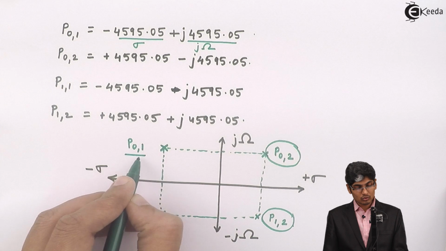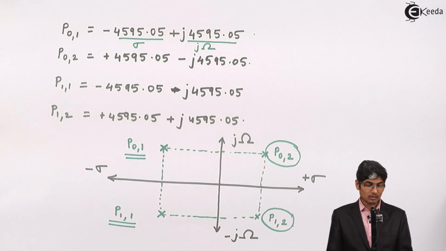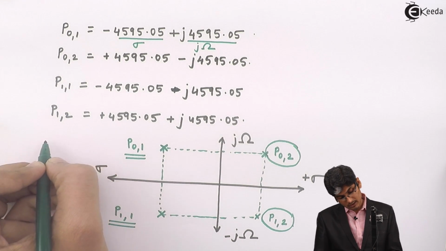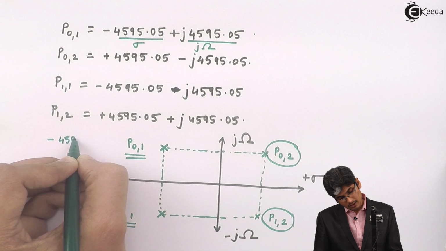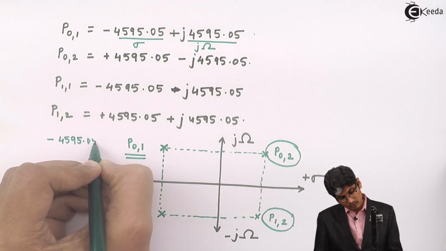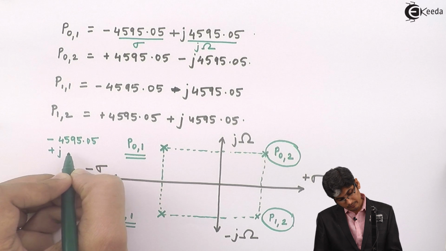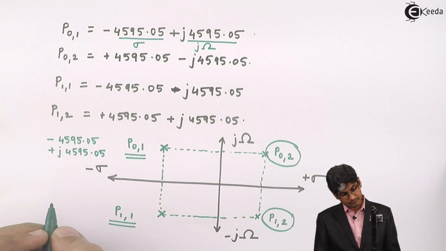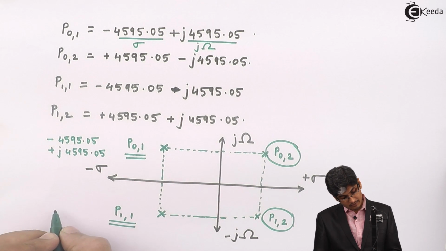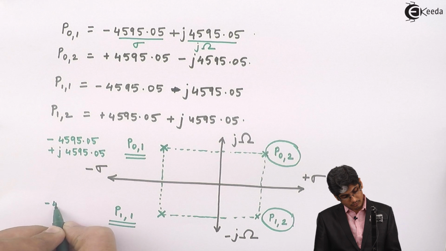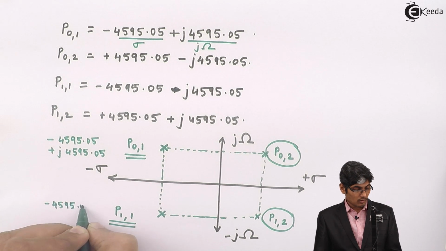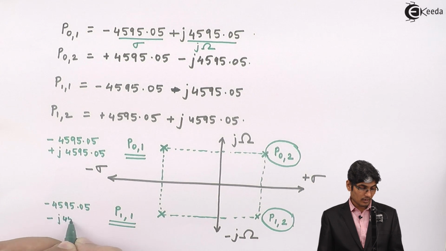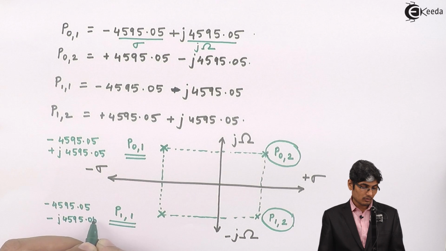So I will use the 2 poles which are P01 and P11. So I will have 2 poles, which are minus 4595.05 plus j 4595.05, and the second, P11, as minus 4595.05 minus j 4595.05.